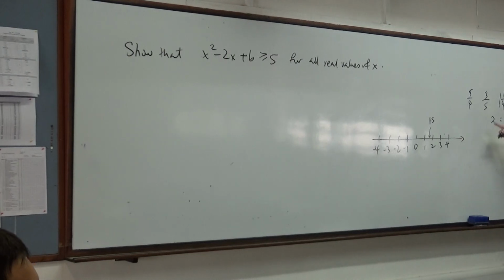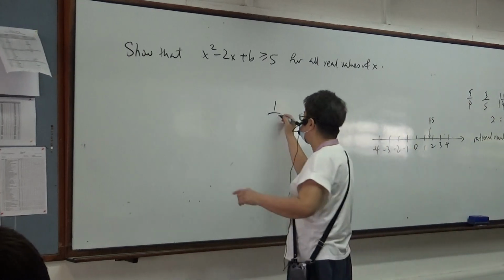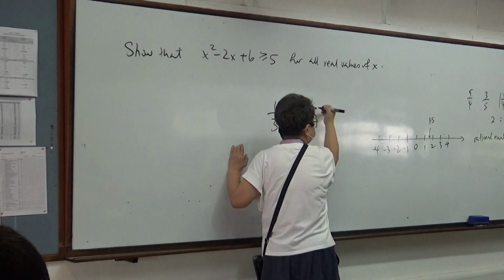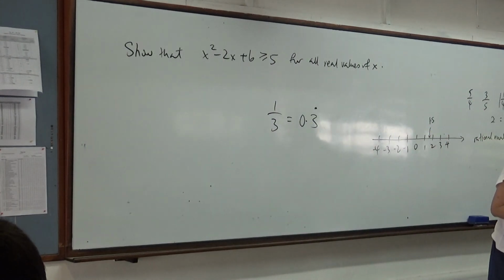Now, all these can be written as decimals as well. So what is this? 1.25 and so on, right? Now there's something called a recurring decimal. This one will be 0.3 recurring, because it's 3 forever. Okay, class?